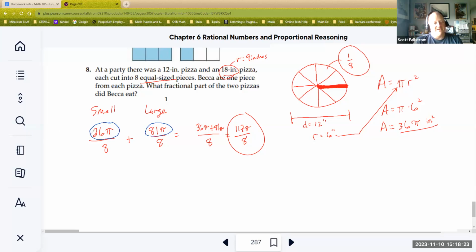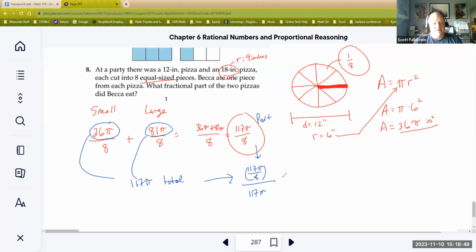Now remember, the total here is out of all of the area combined, which would just be the stuff in the numerator here. If you add these together separately, you get the 117 pi. So this is the total. You want to know what part she had out of the total. Her part out of the total would be 117 pi eighths out of 117 pi.